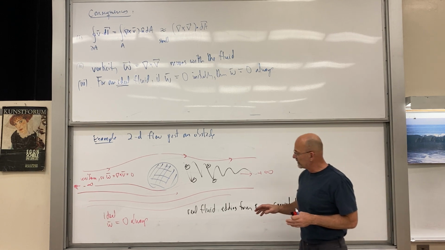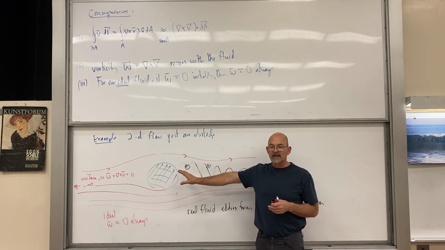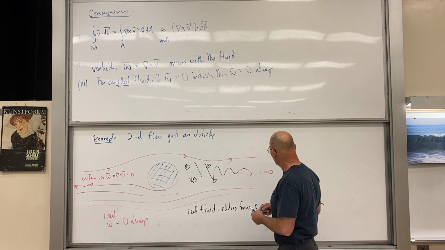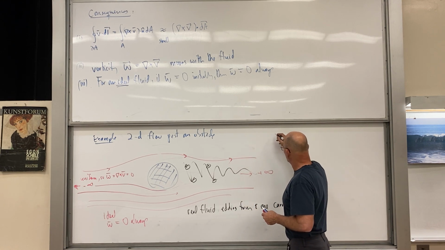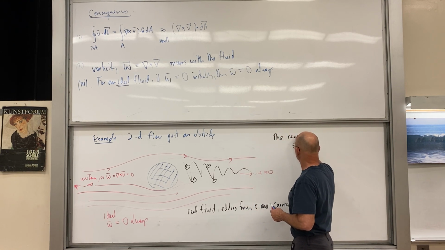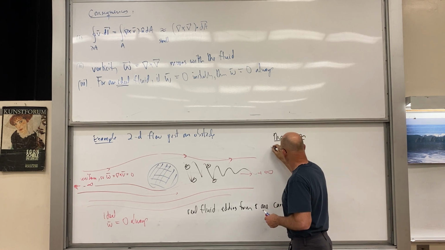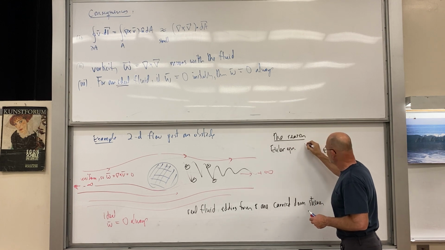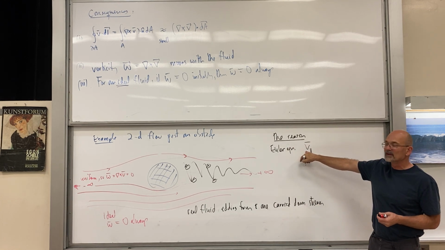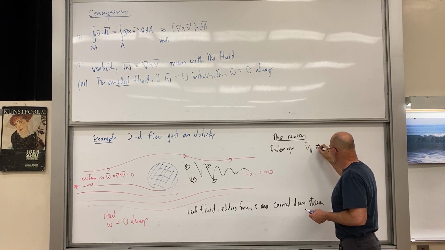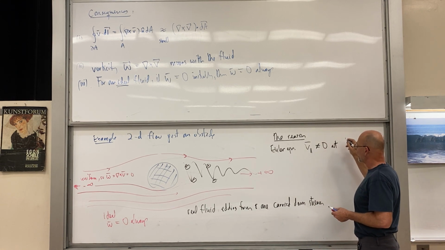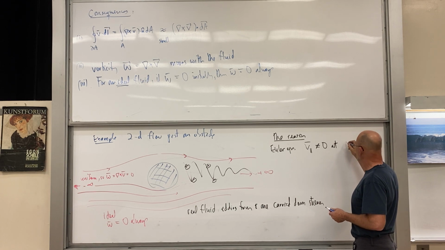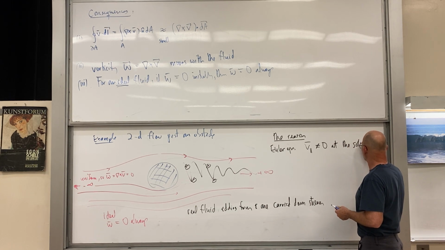And it's the boundary conditions that play this role. So the reason for the Euler equation, I'll write this: V tangent, V parallel does not have to be 0 at the boundary, at the solid boundary.